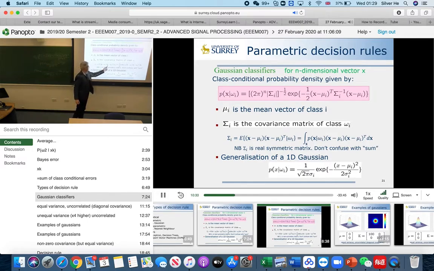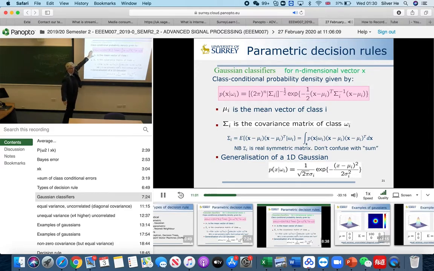This value is real, this value is real. It's symmetric because this times its transpose, so you can see that if you took the transpose of that, you just swap those and take the transpose. So it's clearly a symmetric matrix. And that means that its eigenvectors and eigenvalues are nicely behaved, and we'll use these in a moment. So this is the distribution that we're going to be using a lot.